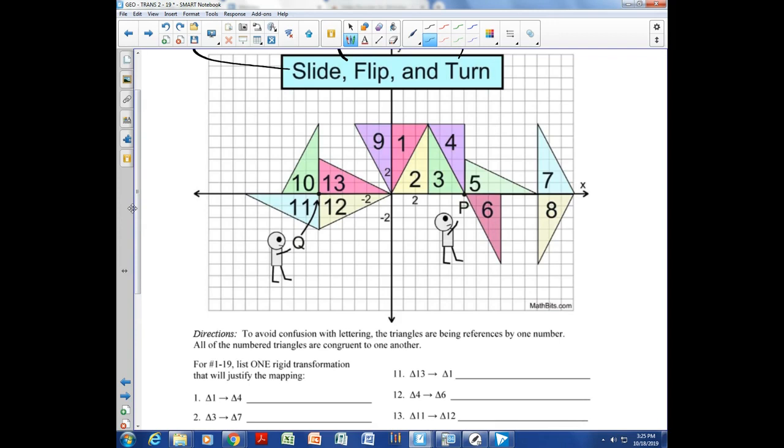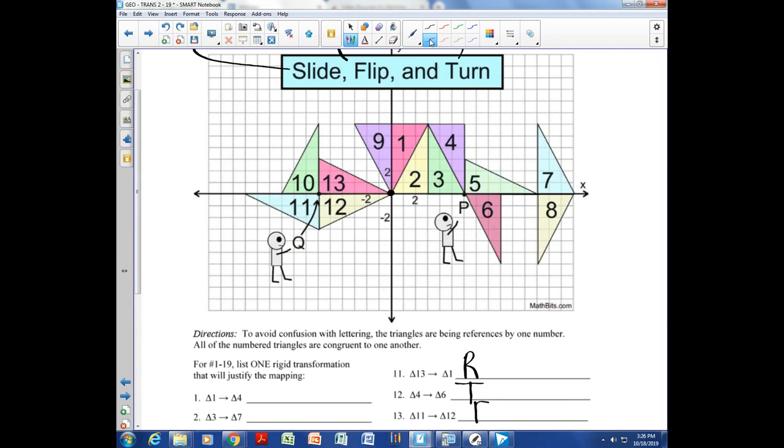Well, you could see that to move triangle 13 onto 1 would be a rotation, which we're going to represent with the capital R. Triangle 4 to 6 would be a translation, represented by a capital T. And triangle 11 onto 12 would be a reflection. So conveniently, we got one of each in number 11, 12, and 13.